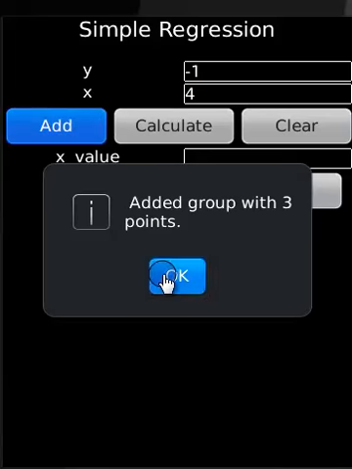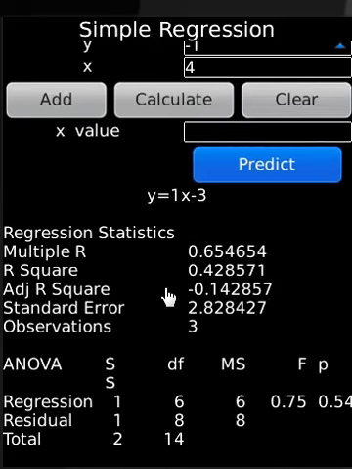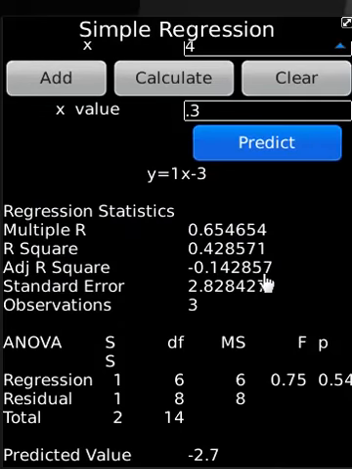So then we calculate. So this is the y equation, and this is the regression equation for the regression line, regression statistics, ANOVA. And now let us predict, say x value is 0.3, what will be the y value? Let's see the y value.